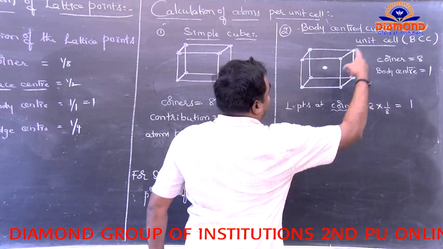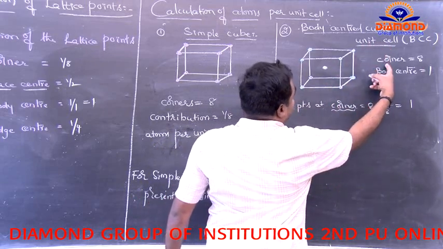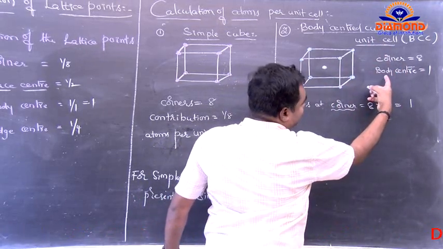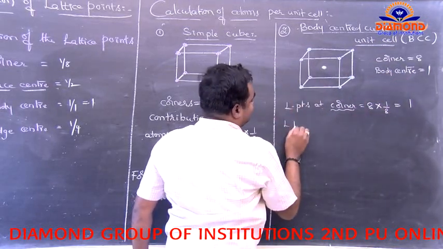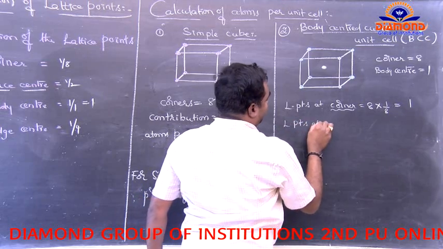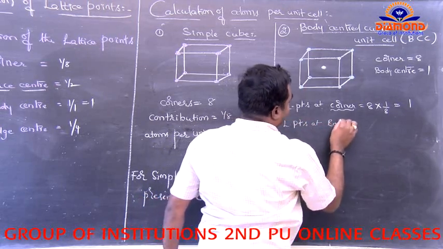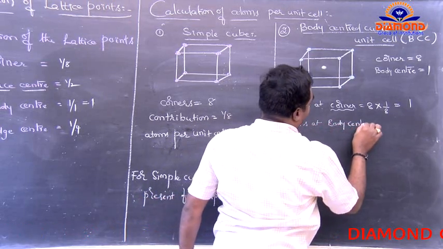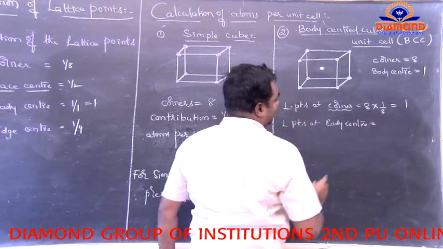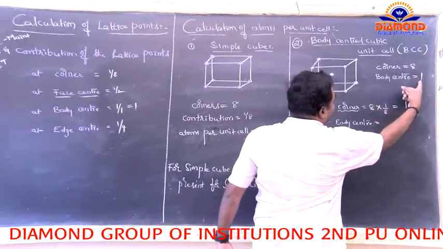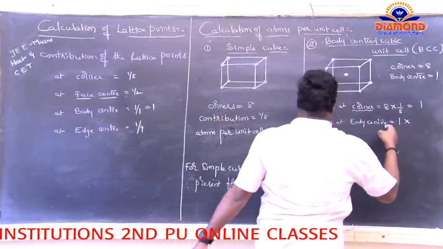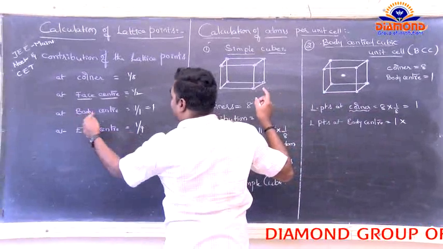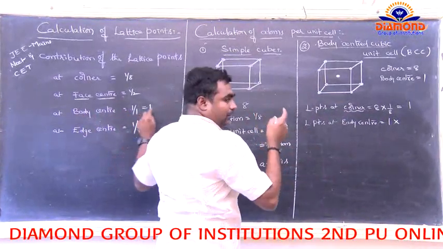Next, in BCC, including the corners, the lattice points are also arranged at the body center. How many lattice points are present at the body center? Only one. What is the contribution of the lattice point at the body center? Only one.